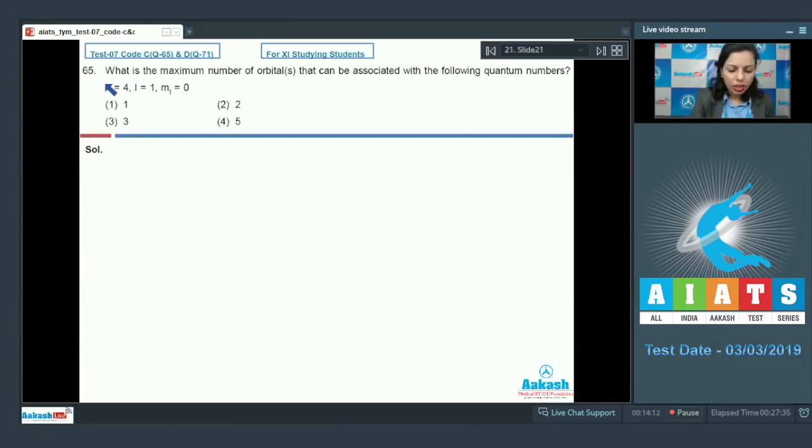After that, question number 65. What is the maximum number of orbitals that can be associated with the following quantum numbers? We have the quantum numbers n is equal to 4, l is 1 and ml, that is magnetic quantum number, that's 0. If I talk about n is 4, it means we are talking about the fourth shell. If l is 1, it means it is the 4p orbital. In case of 4p orbital, there would be three values of ml.